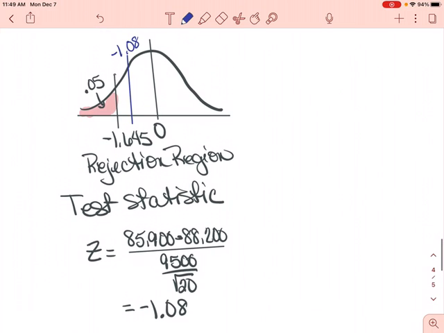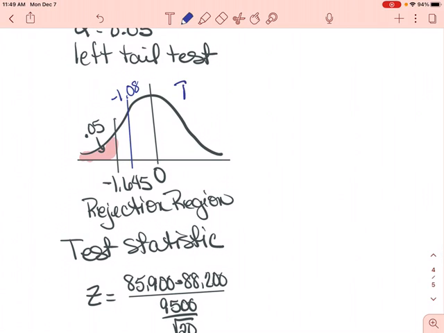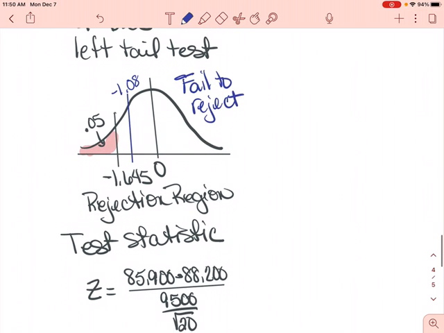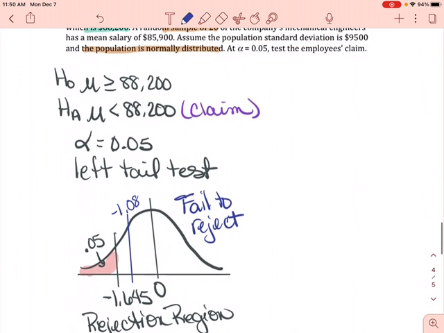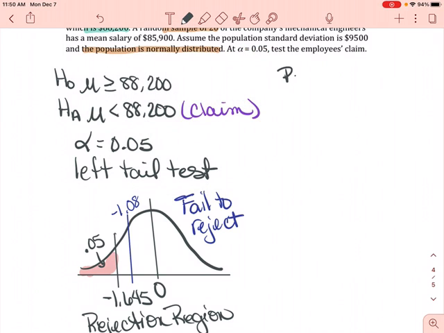So based on the rejection region, we're going to reject H sub O. Or fail to reject, I'm sorry. We're going to fail to reject. Okay? Now, because it's not in our rejection region, let's double check that with the p-value.